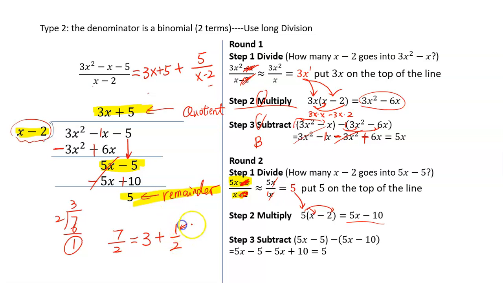So that remainder 1 divided by 2, we just didn't continue the division, but it's still supposed to continue to do the division. So you can write your answer 2 different ways. You can say the quotient is this, remainder is this, or you can use this expression. And in calculus class, usually this is what we need, because it turns this complicated one into a simple one, a very simple quotient.